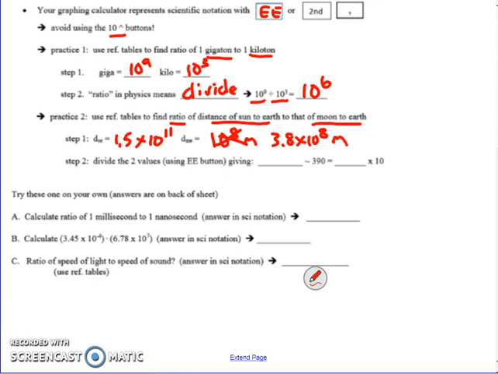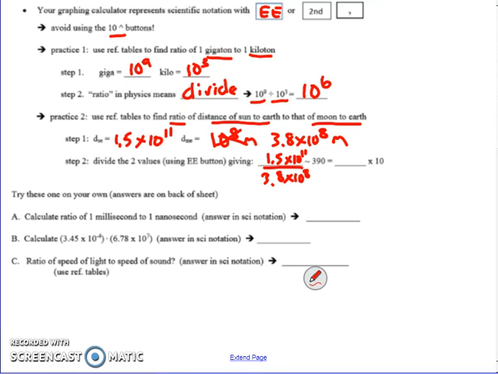Anyway, I suggest you use your graphing calculator here, or a scientific calculator, to type these in to verify that when I divide the two values, that's what ratio means. Okay, so 1.5 times 10 to the 11th divided by 3.8 times 10 to the 8th.